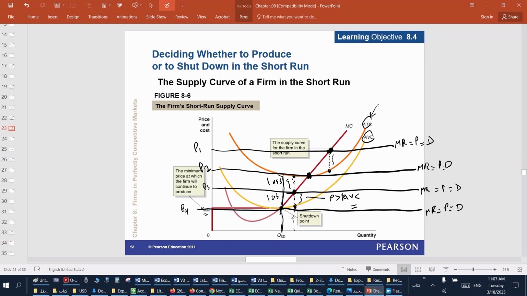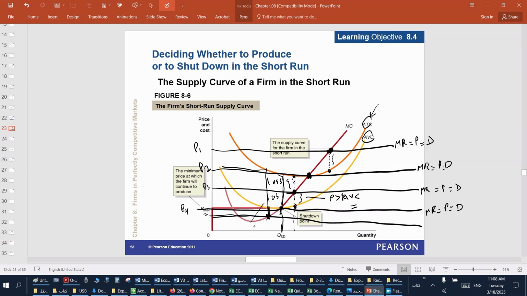Assumption number 5: what if the price went down and is lower than average variable cost? So as you see here, price or marginal cost equals marginal revenue. So all this from here to here, price is lower than the average variable cost, and all this area is going to be the big loss.